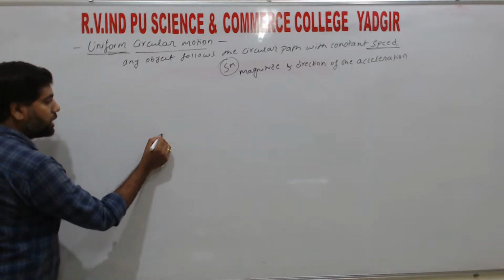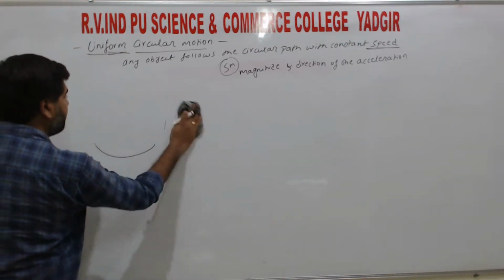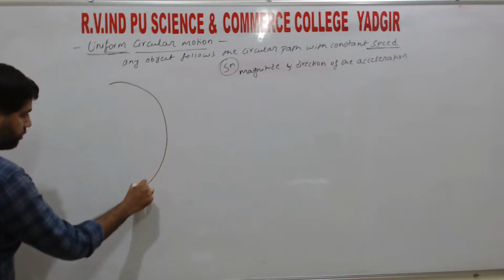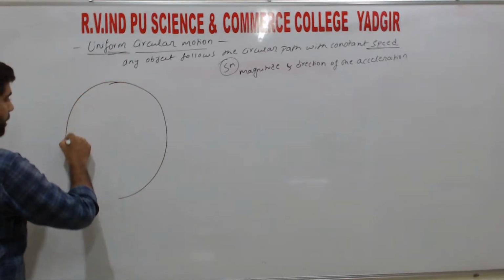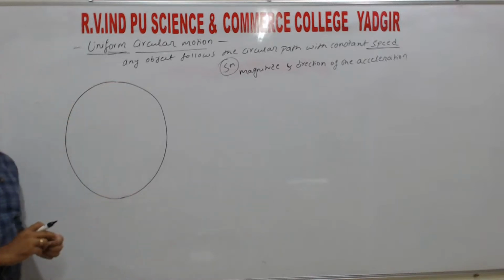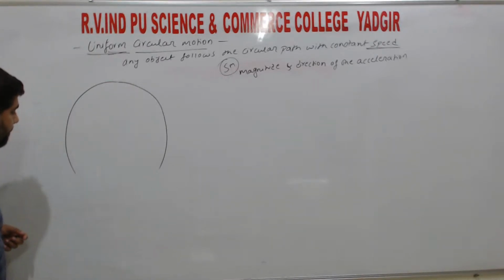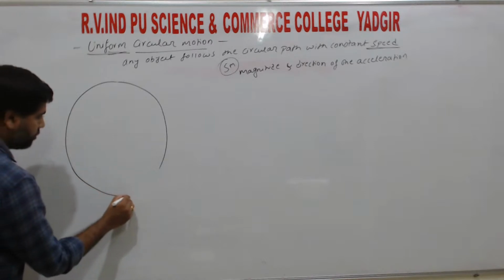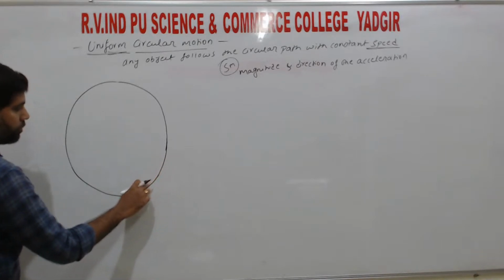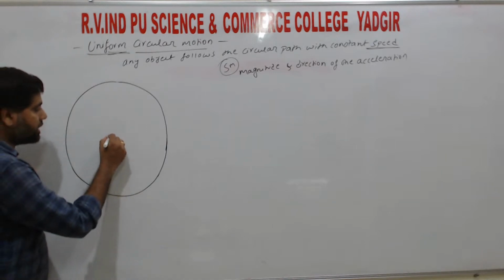Consider one particle which is moving in circular motion. Almost it looks like a circle; if not, make this one a circle. So with center C and radius of the circle as this one.